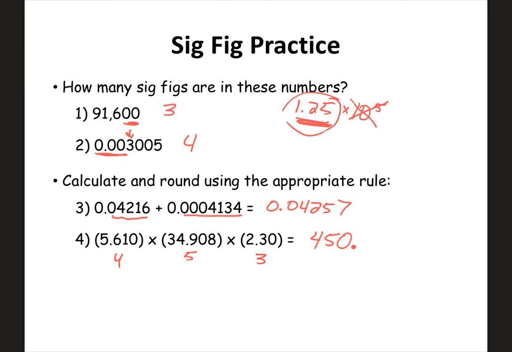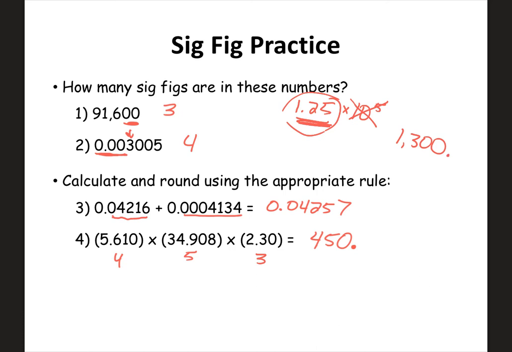Okay? And something else to take note of, sometimes the only way you can get proper sig figs is to put a number into scientific notation. All right? Let's just say you had the number 1300 and you needed 3 sig figs. Some people say, oh, well, I'll just put a decimal here.